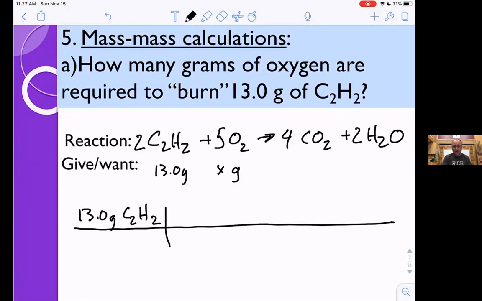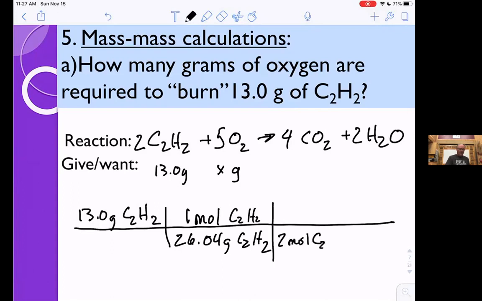Okay, so let's assume that you did it, right? So I would need the molar mass of acetylene, which going and calculating is 26.04 grams of C2H2. That would give me a mole of C2H2. And then I need my mole-to-mole ratio from my equation, 2 moles of C2H2 for every 5 moles, that's what I'm looking for, of O2.